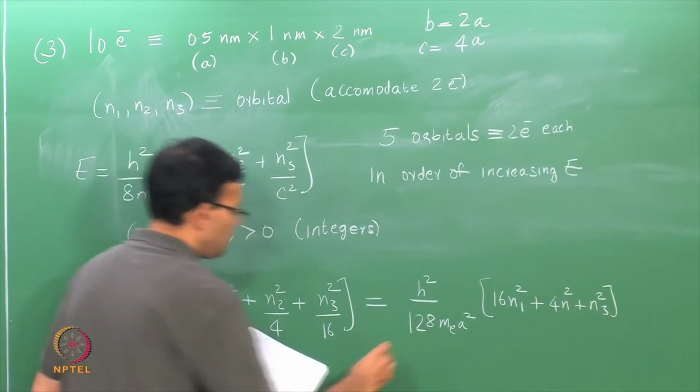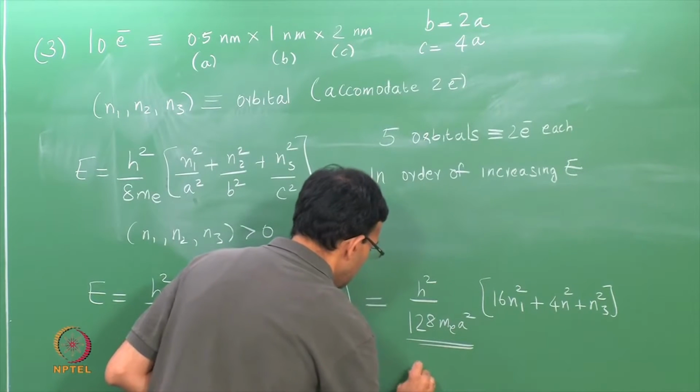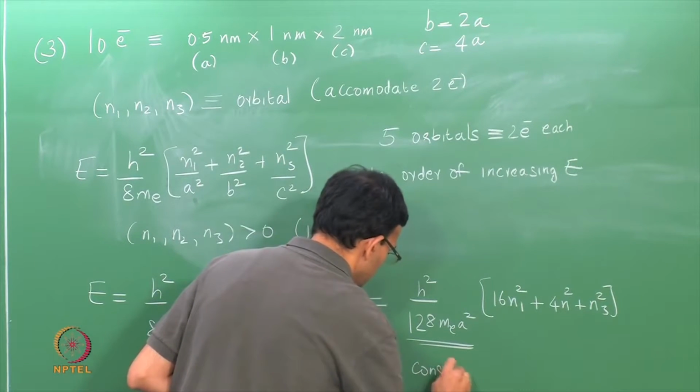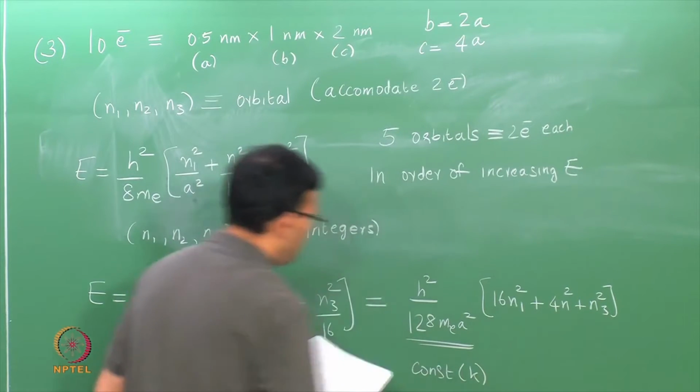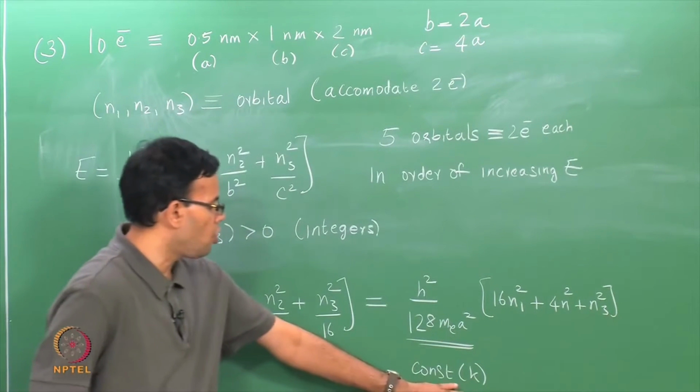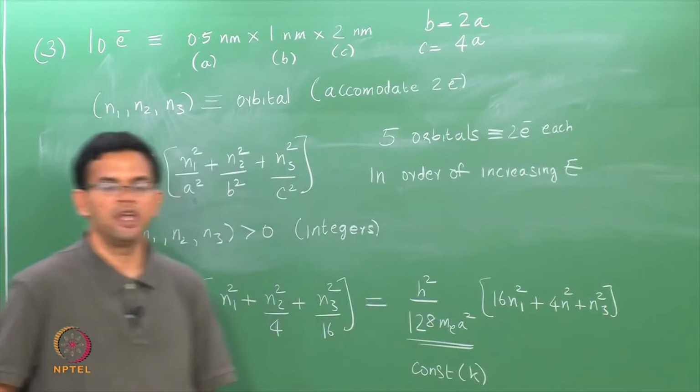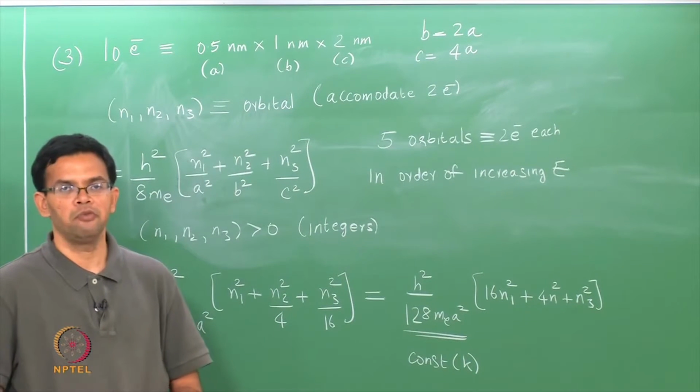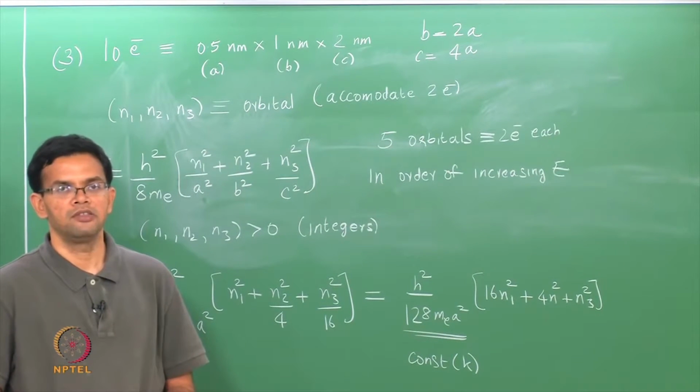So, the first term here is essentially a constant, let us call it k. So, this is a constant times a variable that depends upon n1, n2 and n3.